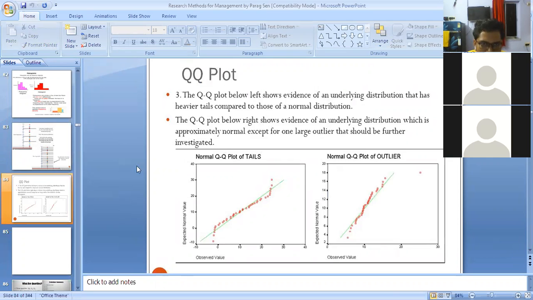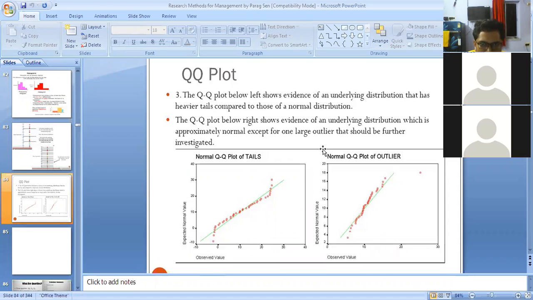But here you just need to know that if you have a series of data, and you want to check whether that data is normally distributed, you can make the QQ plot or quantile plot of the data.